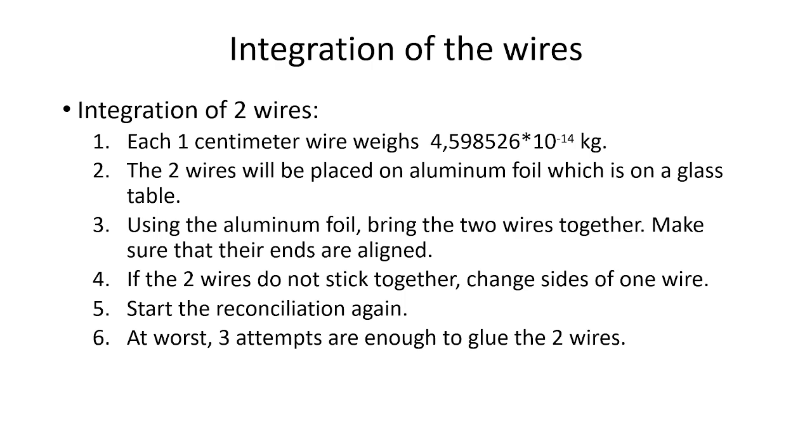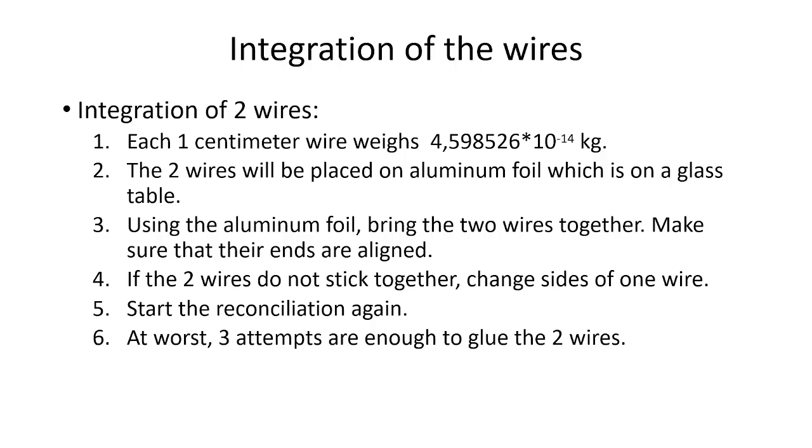Integration of 2 wires: each 1 centimeter wire weighs 4.5 10 power minus 14 kilogram. 2. The 2 wires will be placed on aluminum foil, which is on a glass table.